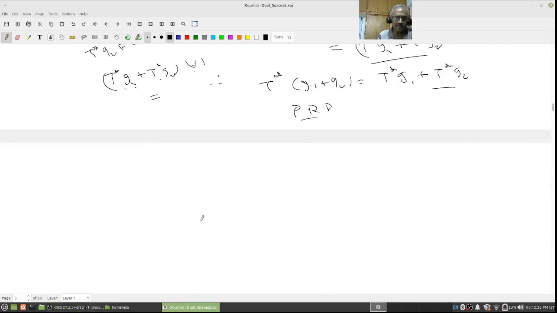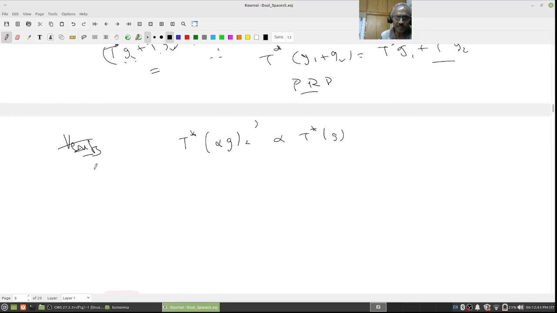And similarly, just to try it out, you verify that T star of alpha times G is alpha T star of G. Maybe I will do that so that you become more comfortable. That means these two maps are equal. Give me any V in V, I have to check whether T star of alpha G, which belongs to V star, acting on V, and alpha times T star of G acting on V, are equal.